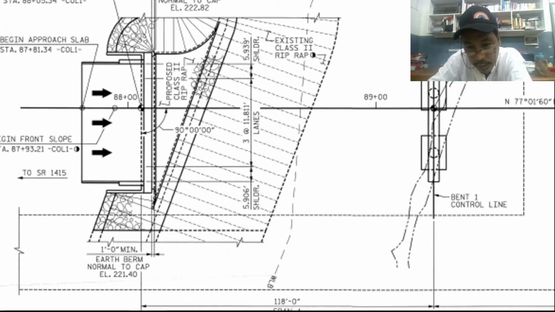So 118 is about 36 meters. Imagine that span. Okay? Imagine that when we were previously able to show a video, the viral one, where an 18-meter building span was damaged.